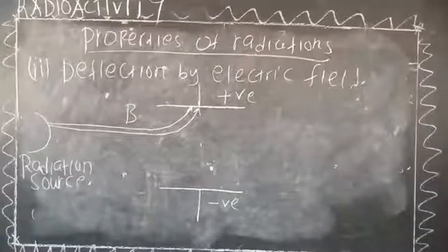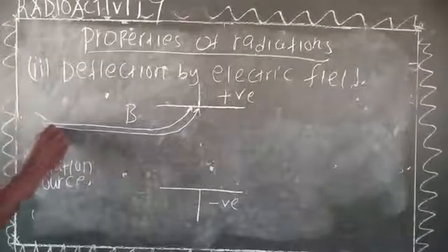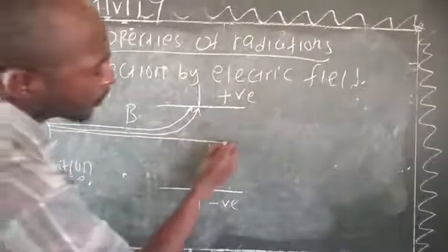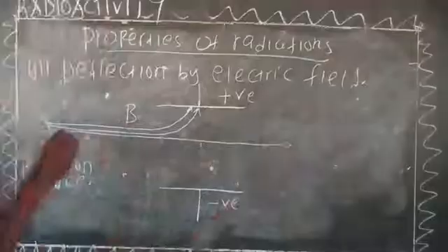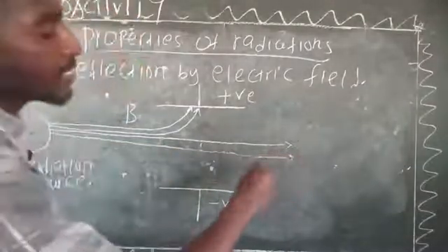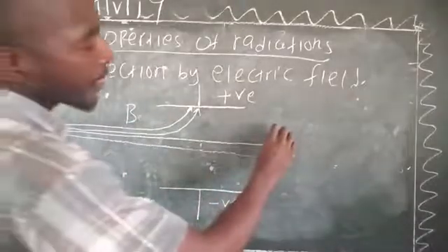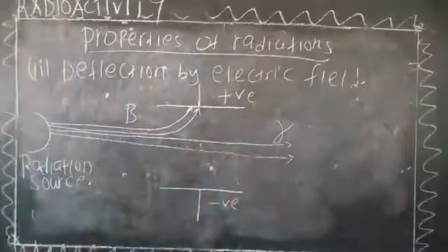On the other end, the gamma radiations, like we said, they have no charge, and for this reason they penetrate through the electric field without being deflected.